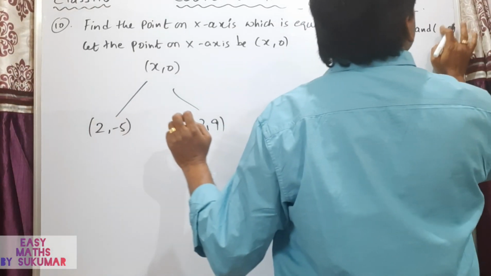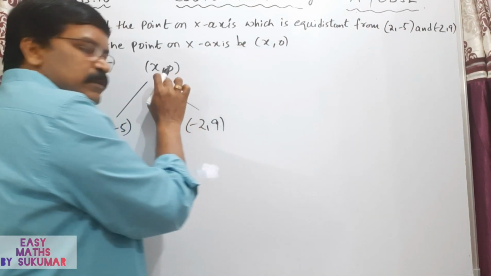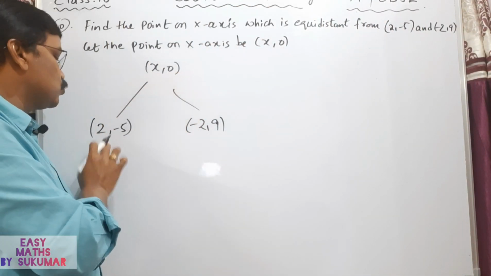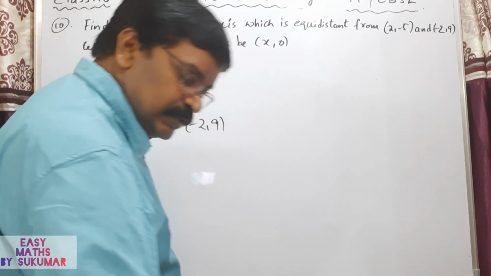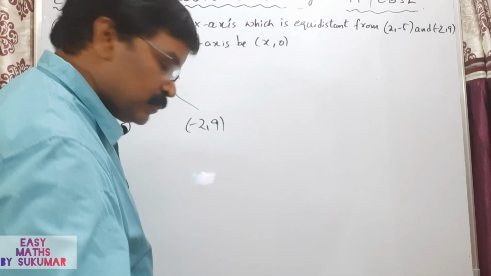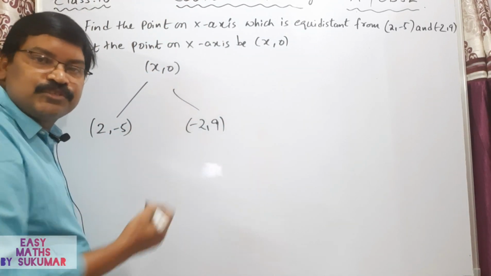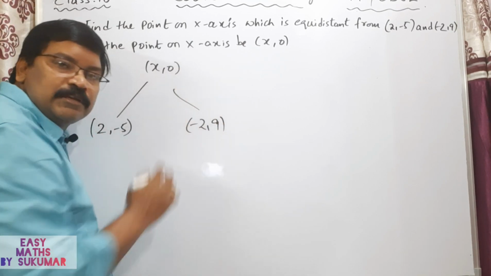This is (-2, 9). Okay. So this point is equidistant from this (2, -5) and (-2, 9). So my dear students, here let us find the distance between (x, 0) to (2, -5) and (x, 0) to (-2, 9).